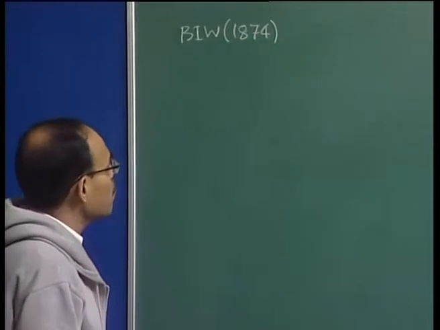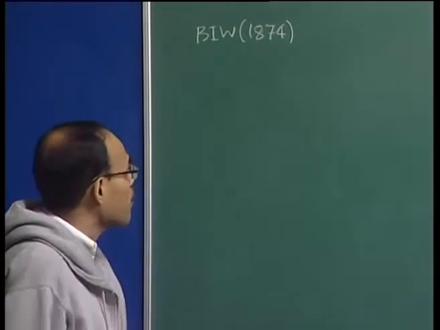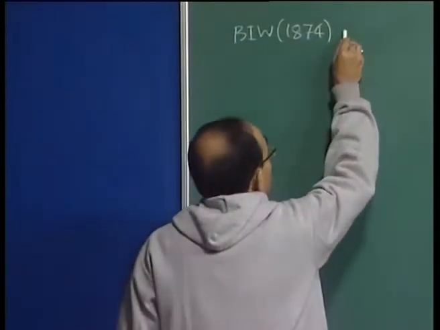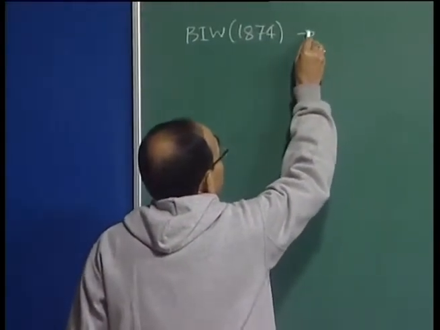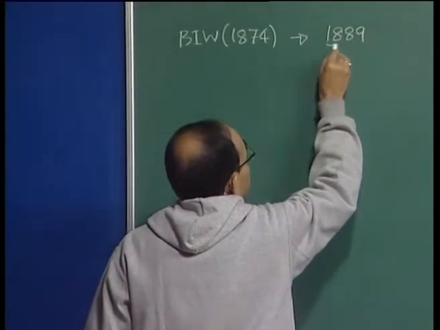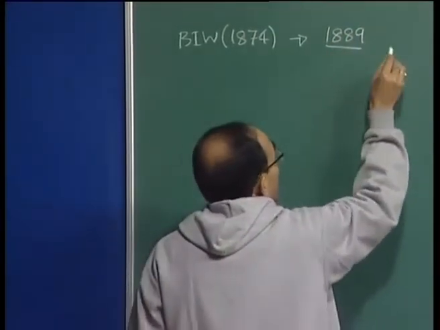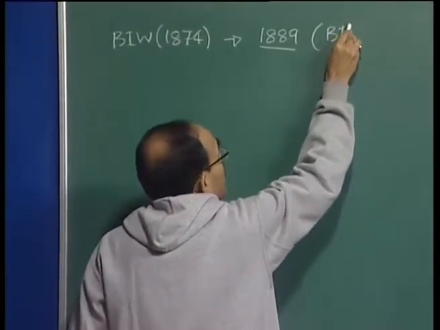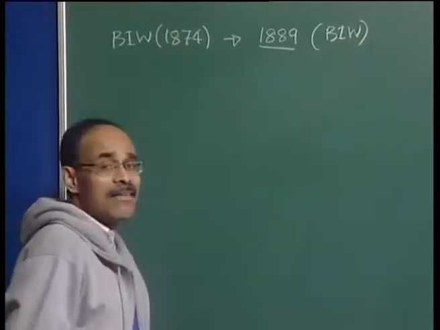But soon the iron company faced some problems, and it was taken over in 1889, I think, by the Bengal Iron and Steel Company, and it was still called BIW, but this time the Barakar Iron Works.